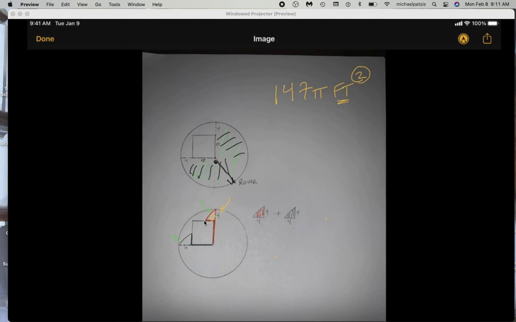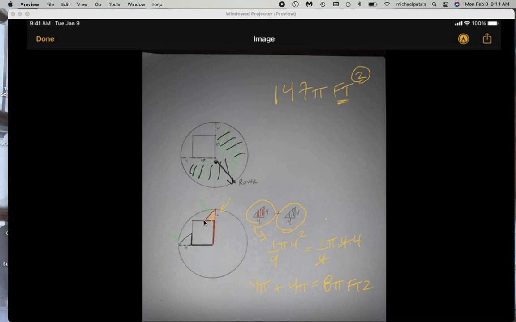So we have here, this is going to be 1/4 pi r squared, which is going to be 1/4 pi 4 times 4. Again, I am not going to expand that knowing that I'm going to come along and cancel that out. So this is going to be 4 pi for the orange quarter circle. We'll get the same exact result with the green quarter circle. So that's going to be 8 pi feet squared.